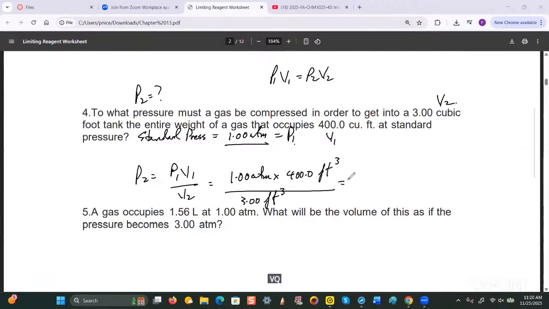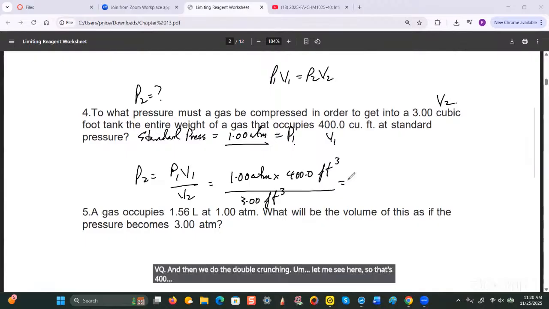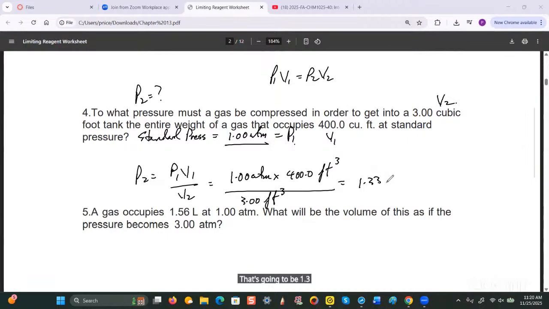And then we do the number crunching. That's 400 divided by 3. According to my calculation, rounded to 3 sig figs, that's going to be 1.33, and the units here would be atmospheres. And that's how that is done.